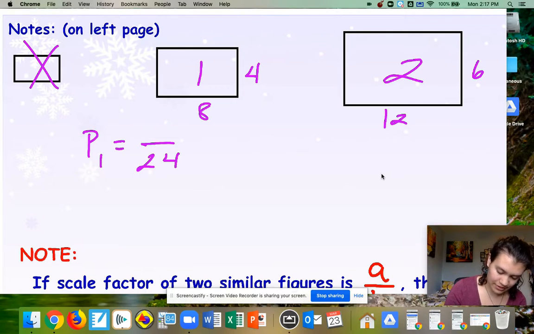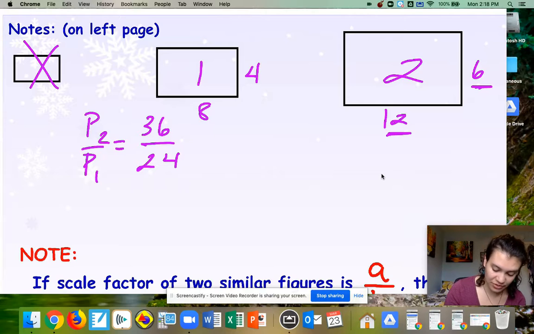And I'm going to put that over, here, let me change this here, we're going to do perimeter 2 over perimeter 1. So perimeter 1 is 24. Here, if you had 12 plus 12 and then 6 plus 6, you get 36 for the perimeter of shape 2. If we simplify this down, you're going to get 3 over 2.